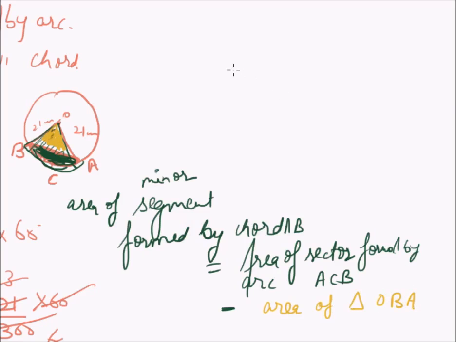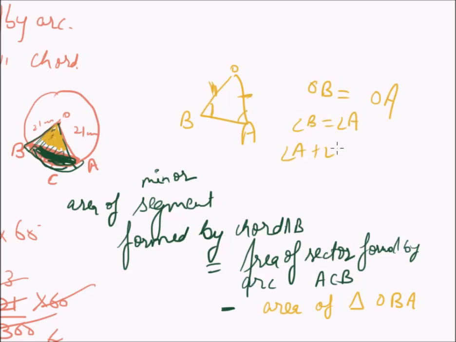Friends, in triangle OBA, these two sides are equal, that is OB equals OA, which means by the property of isosceles triangle, angle B equals angle A. Now angle A plus angle B plus angle O is 180 degree, which is sum of interior angles of triangle.